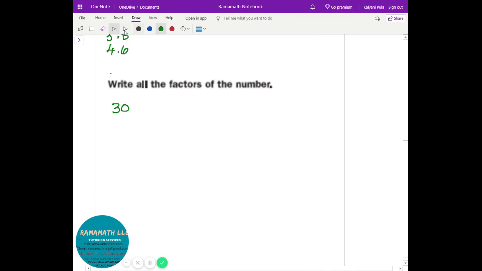What does a prime number mean? That's right. A prime number is a number whose only factors are 1 and itself.